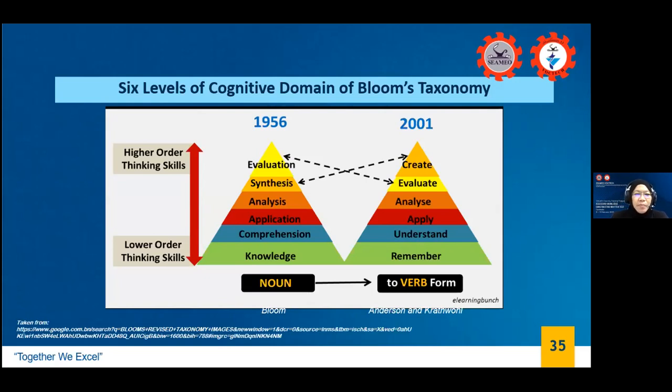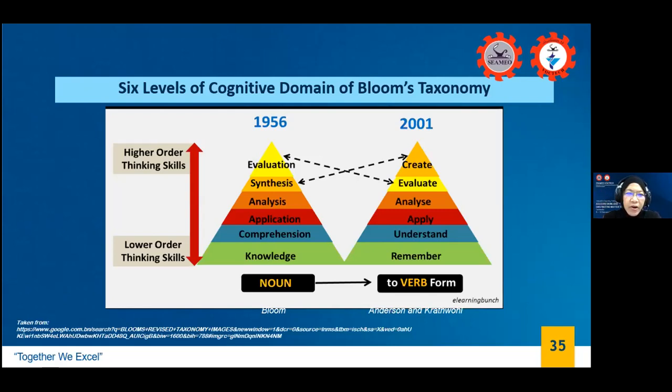Just to briefly explain, Bloom's taxonomy is a set of 3 hierarchical models that we use to classify educational learning objectives. And we level them according to complexity and specificity. The 3 hierarchical models are cognitive, affective, and psychomotor, right?